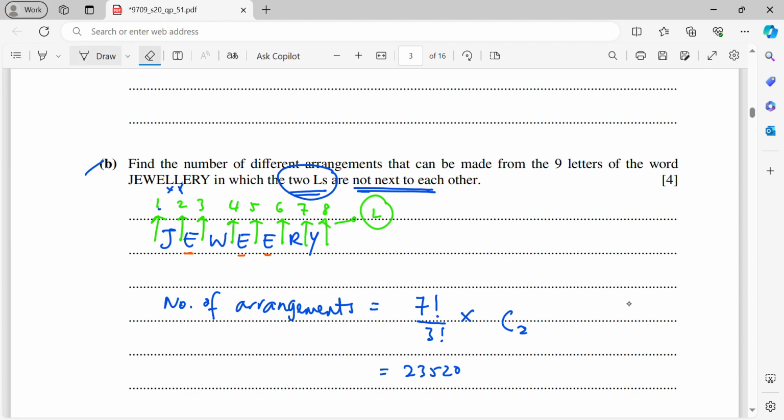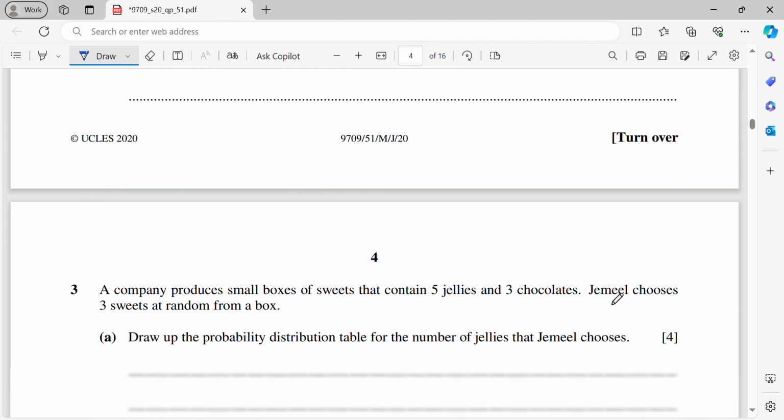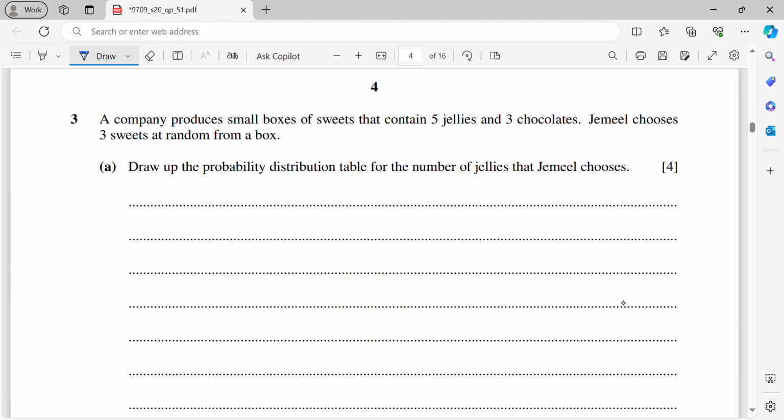Okay, so now let's move on to the next question. Alright, question 3. A company produces small boxes of sweets that contain 5 jellies and 3 chocolates. Gmail chooses 3 sweets at random from the box.